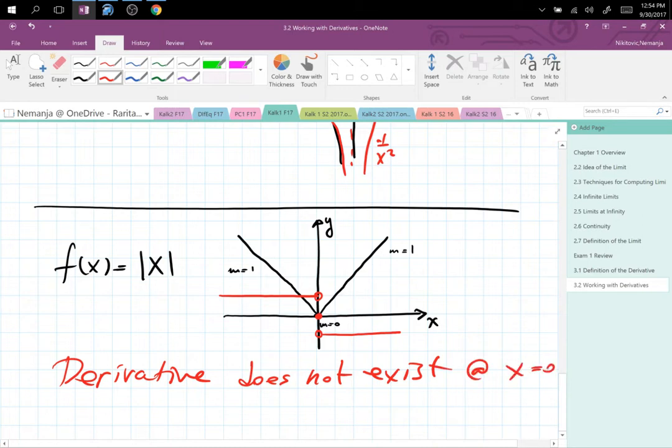Because the derivative at x equals 0 just a tiny bit to the left is -1, and a tiny bit to the right is 1. And those are not the same values. Right? We talked about the limits. We talked about the left approach, right approach. They all have to converge at the same point for us to claim the limit. Now, the derivative is defined through the limit. If the limit does not exist, common sense, the derivative is not going to exist. So we can claim the same thing that we claimed for continuity.